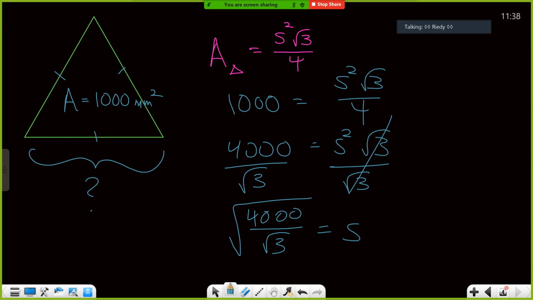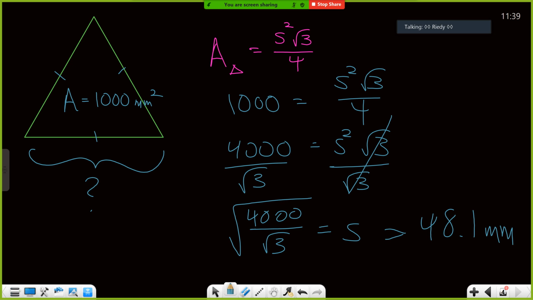Not that I don't trust you guys, but let me confirm here. Square root of 4,000 divided by the square root of 3, close parentheses, 48.056. Nicely done. Approximately 48.1 millimeters. Okay. Good. Being able to work that problem backwards.